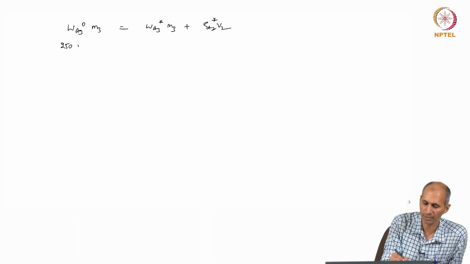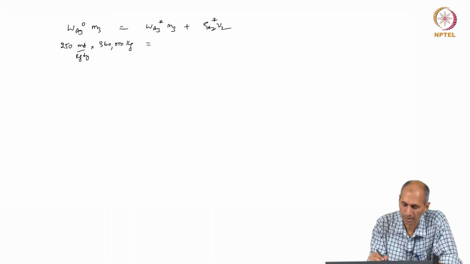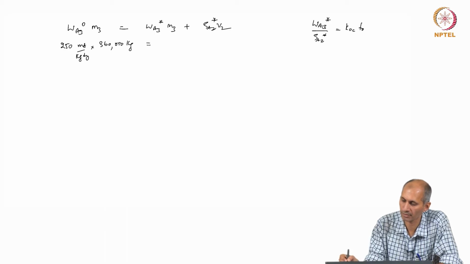We have 250 milligrams per kilogram dry multiplied by 360,000 kilograms equals, now here I will write WA3 star by rho A2 star equals KOC FOC.